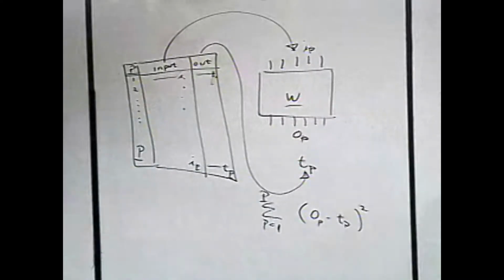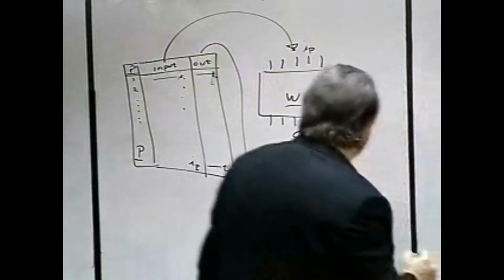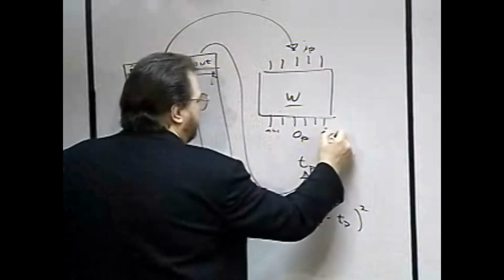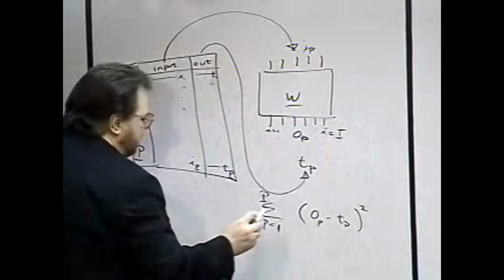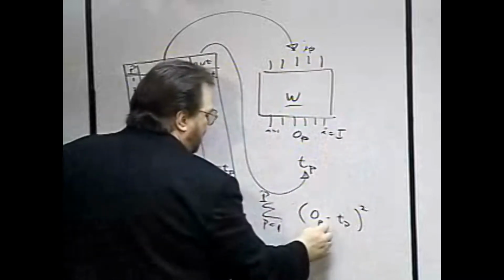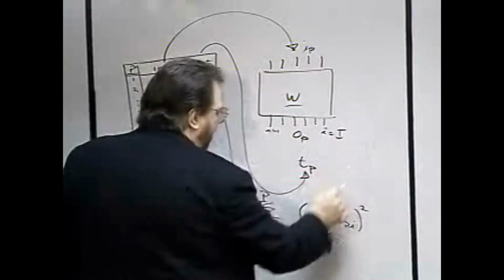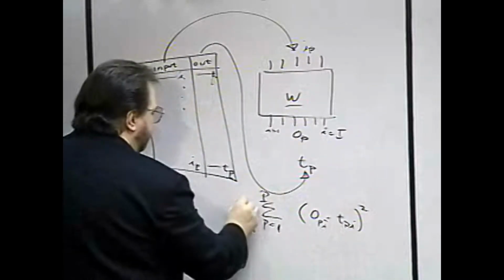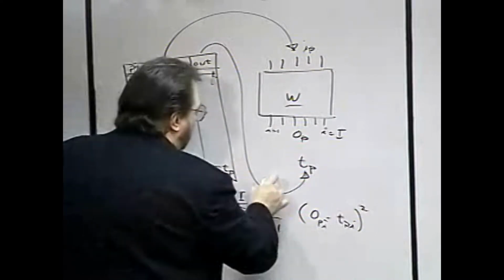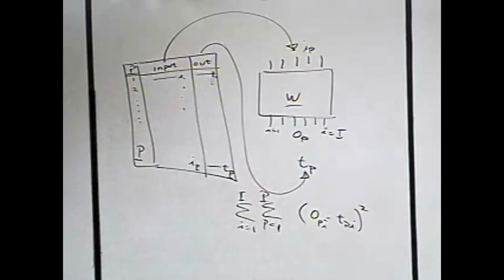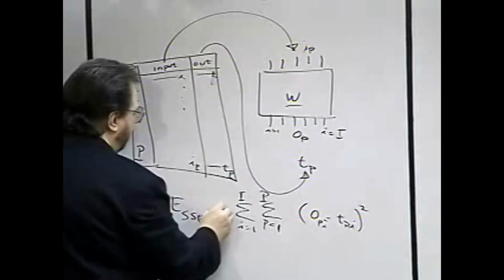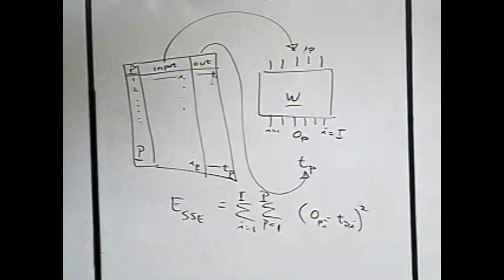These outputs are actually indexed by I, from I equals 1 all the way up to, say, big I. So when we perform this summation, we're also summing over the output nodes. So we're summing over all of the output nodes, and over all of the data in the data set. And the error which we generate is the sum of square errors, which is equal to this result.